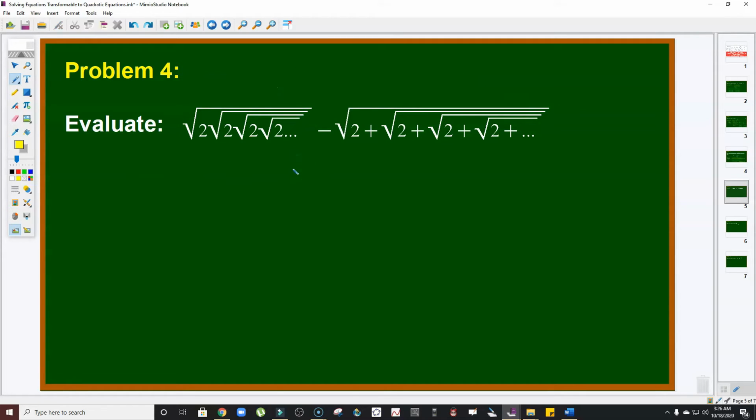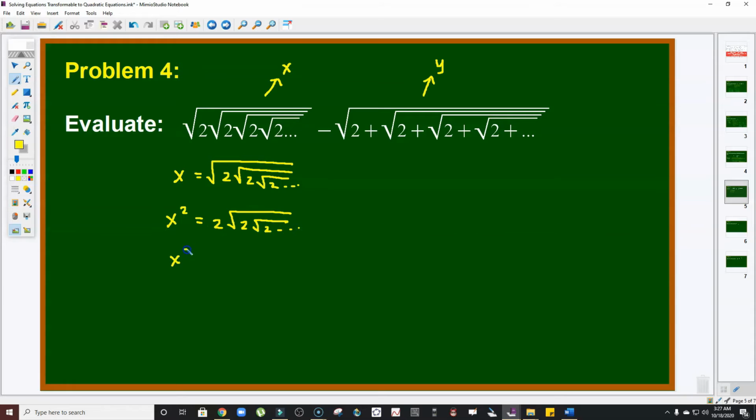Ulitin ko. This one will be my x, and this one will become my y. So therefore, yung x ko is equal to square root of 2 times square root of 2 times square root of 2 and so on. Solving for x, square both sides. I'm going to have x squared equals 2 times square root of 2, square root of 2, and so on.